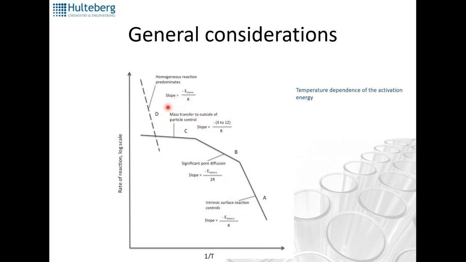And for the mass transfer controlled regime, it's actually rather constant. It's a constant somewhere between 4 and 12 divided by the gas constant. So it's actually a fixed number, and it's not dependent on the reaction. And if you increase the temperature, of course, you will get into a regime where your catalyst is melted and your homogeneous reaction dominates again, which is then the same as you have down here.